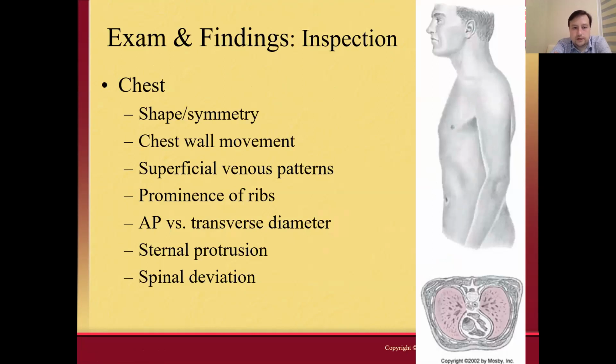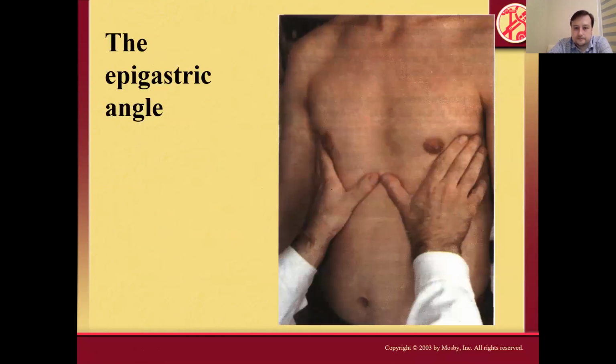Next one, chest. What we need to look at: shape and symmetry of the chest wall movement, superficial venous patterns, prominence of the ribs, sternal protrusion, spinal deviation. Next one, epigastric angle.